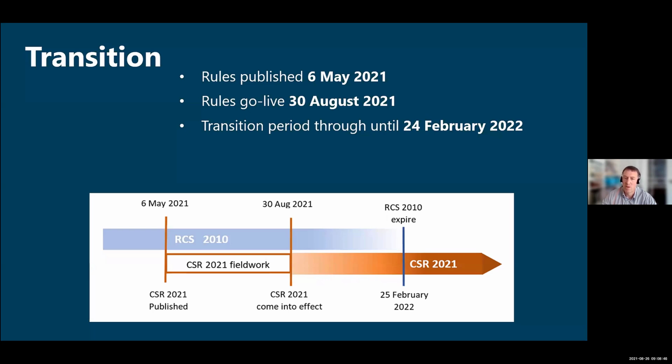So it's got to happen before the close of business on the 24th of February 2022. All certification after the 25th of February 2022, even following a requisition, will have to be in terms of the new rules. So where a requisition involves a change in capture, you'd need to convert the survey to be in accordance with the 2021 rules.